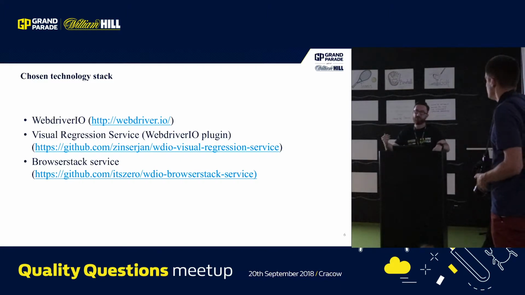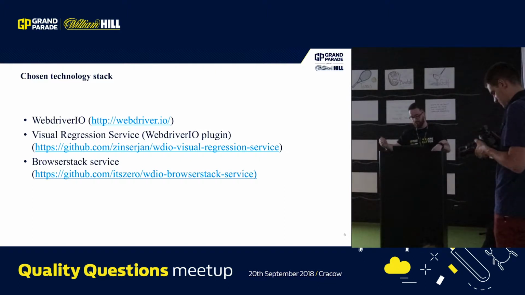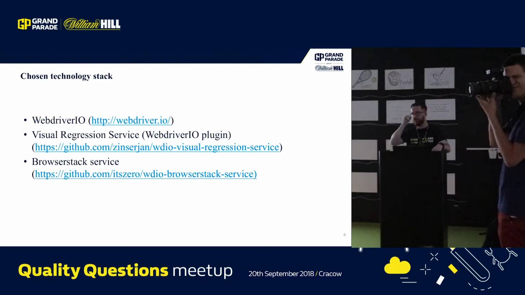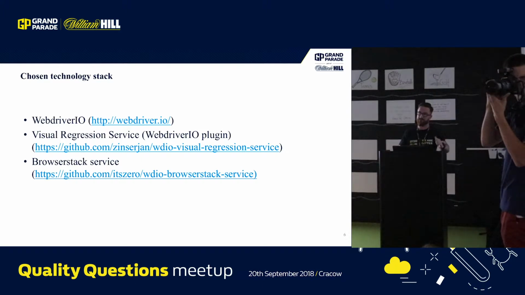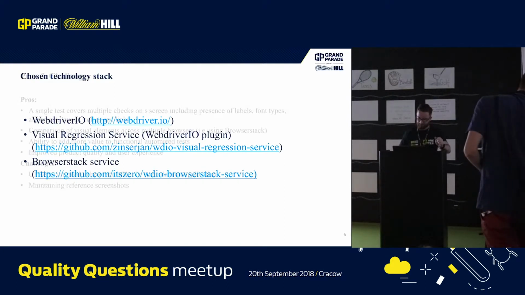As we speak about extensions and integration, I've listed two of them which we will use. The visual regression service is a plugin which takes responsibility for taking screenshots and comparison of images, and the BrowserStack service is a kind of proxy which connects our test runner to the BrowserStack servers.